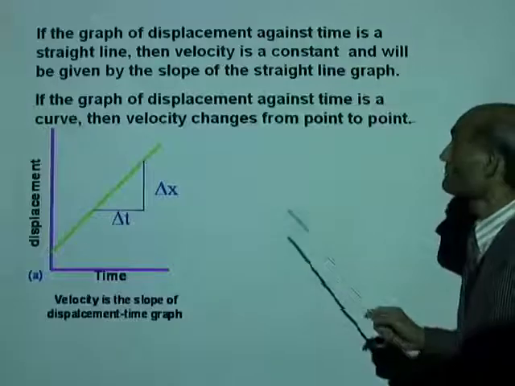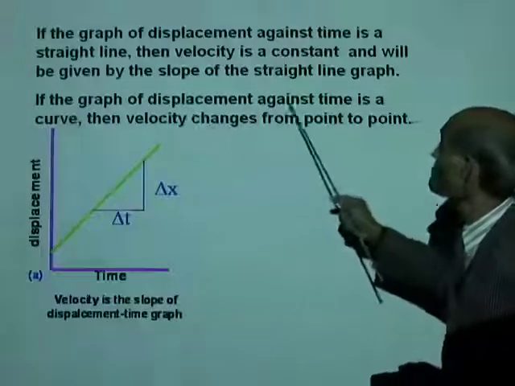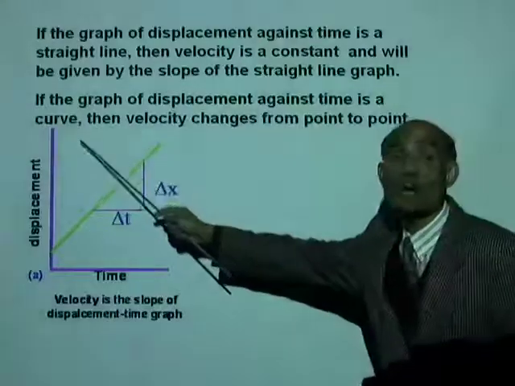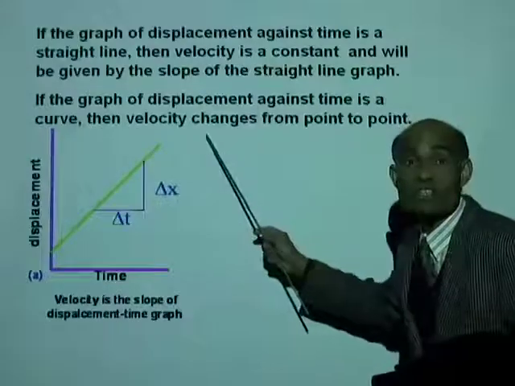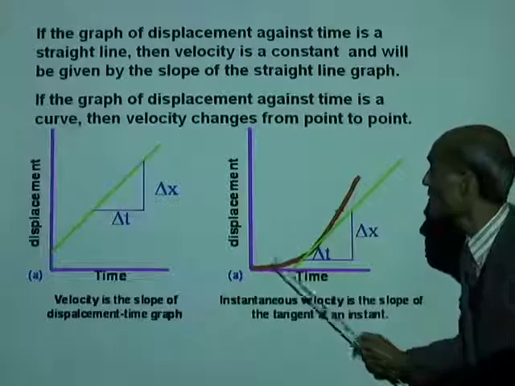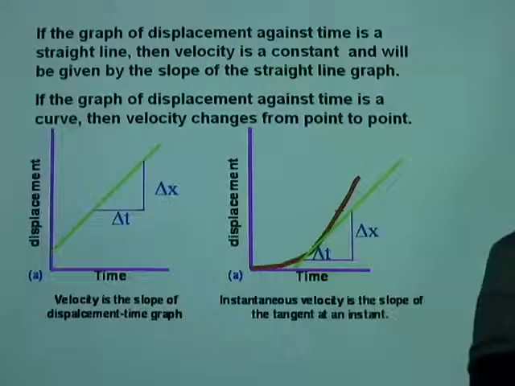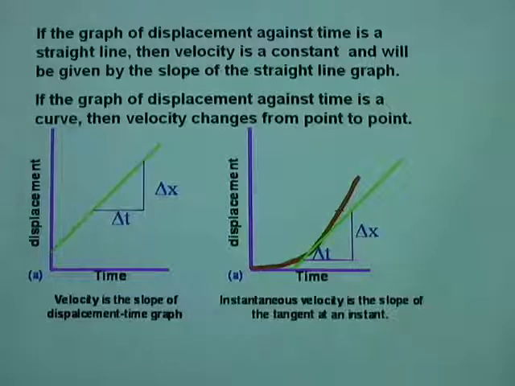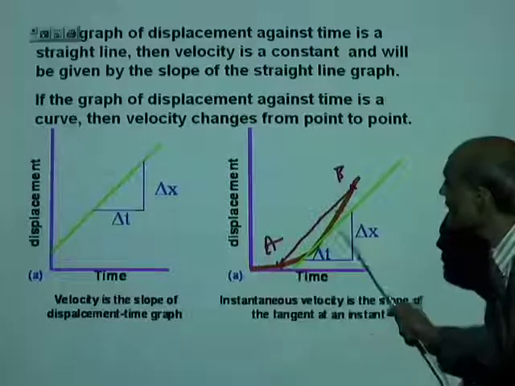On the other hand, if the graph of displacement against time is a curve, then the velocity changes from point to point. Here you have the velocity changes from point to point, and watch this carefully. If this is my point A and this is my point B, then if I draw that straight line there, this will be called a secant line.